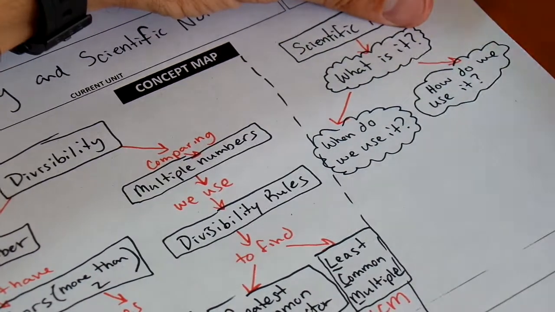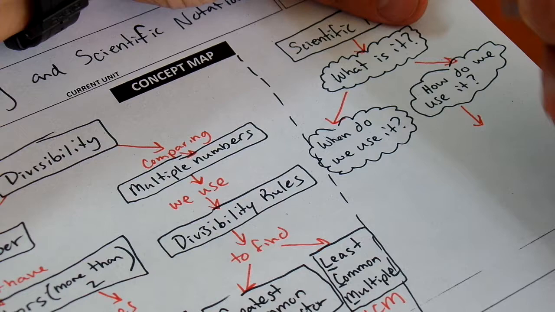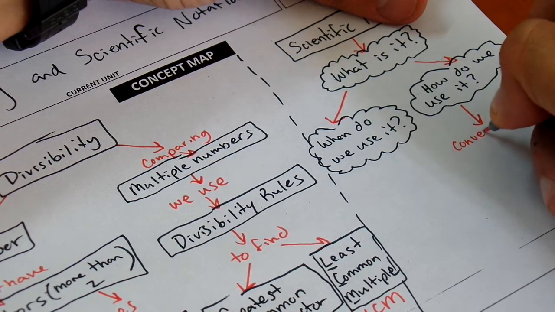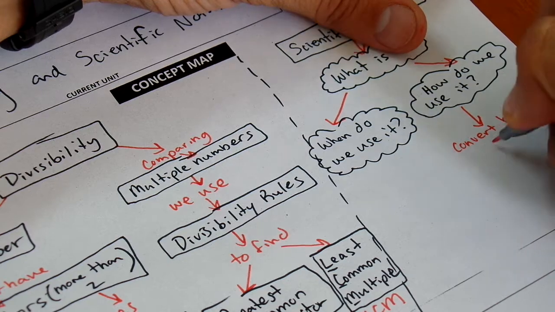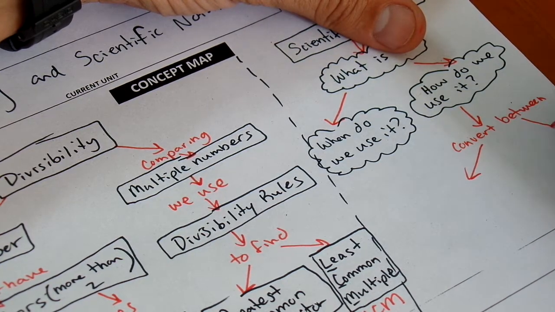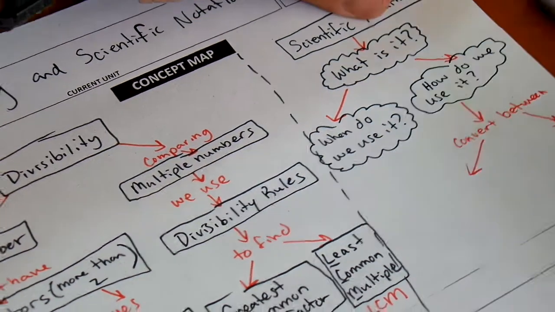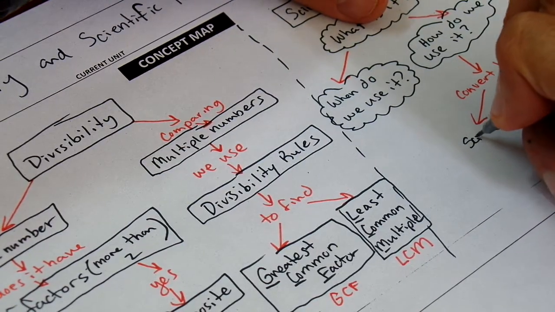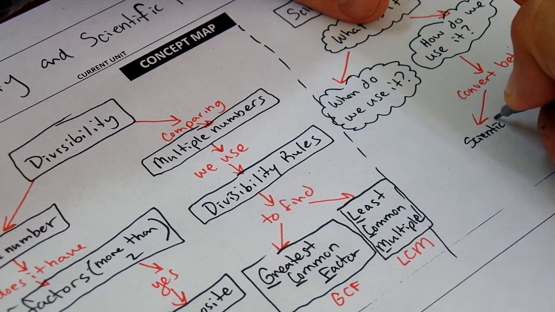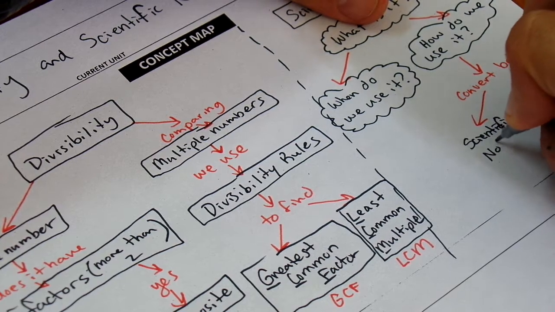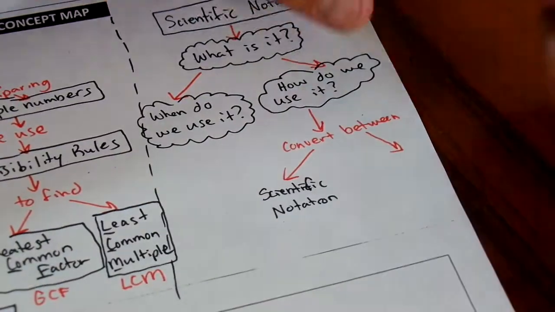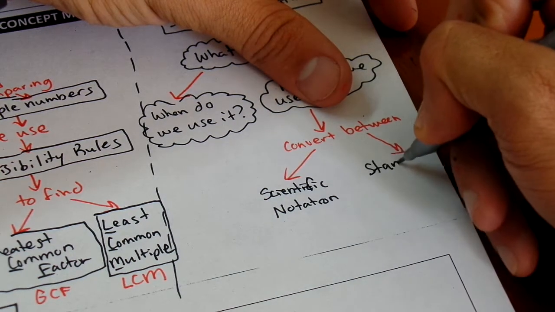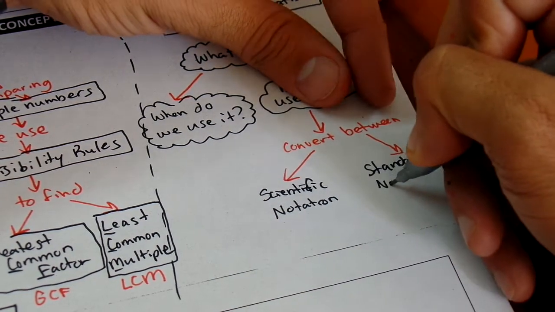So there's two things we need to look at. We're going to use it for two things. We need to convert, which means change, between two things. Of course, scientific notation, but also what we call standard notation.